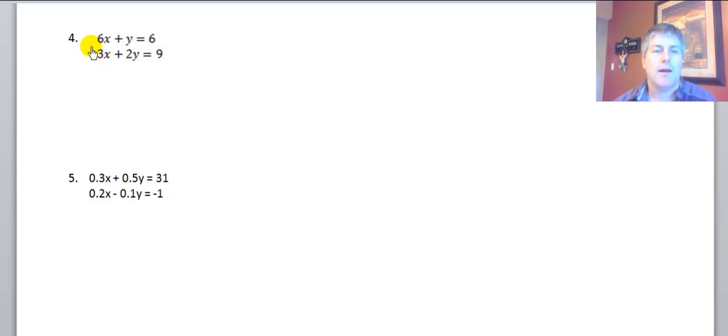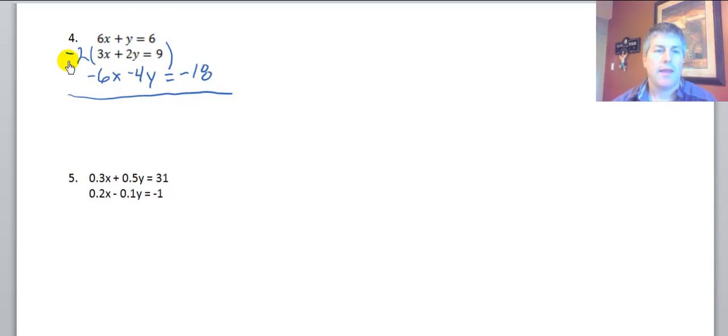That would work. But that would eliminate the x's, and I think that's what I'm going to do. I'm going to multiply the bottom equation by negative 2. So that would become a negative 6x minus 4y equals negative 18.